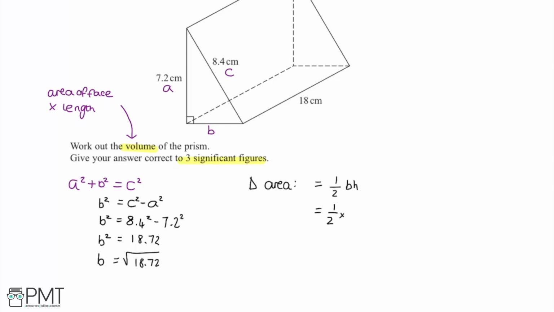The base is going to be side B, which is this root 18.72, and then the height of the triangle is side A, which is 7.2 centimetres. And for the area of the triangle, that gives us an answer of 15.57598, and there's more decimal places, but we've got a good few decimal places here to work with to know that we can give this accurately to three significant figures when we're working with the final answer.